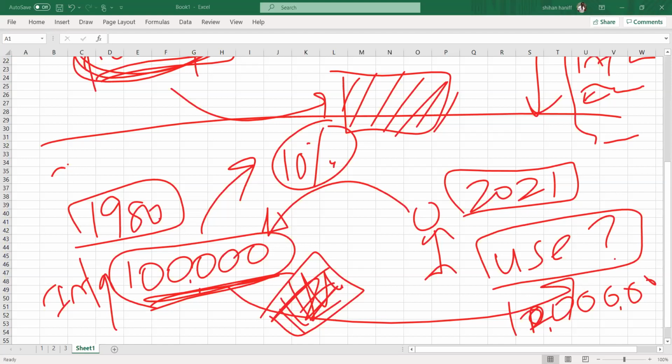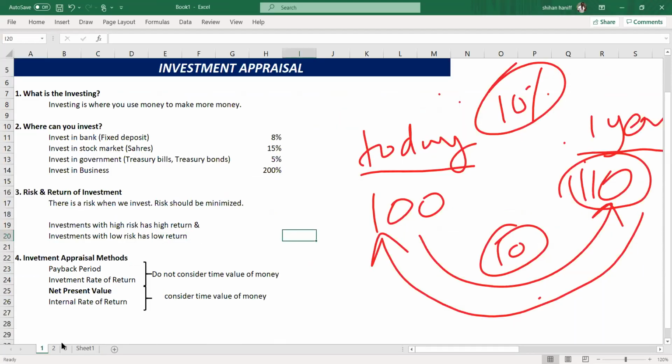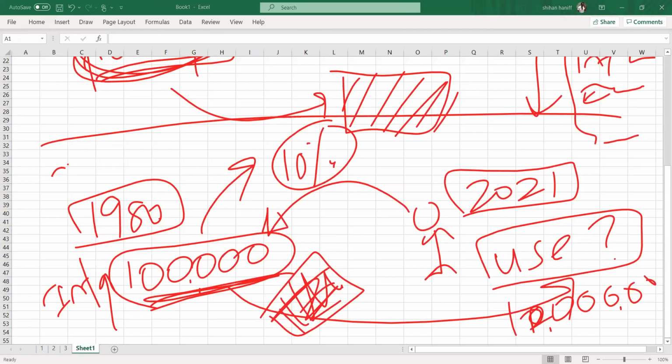So let's do an example. NPV, net present value. Write the heading net present value, number 3. Give me a minute.